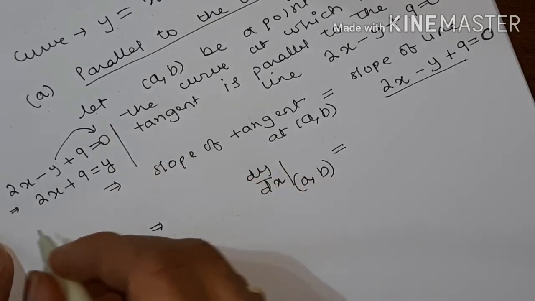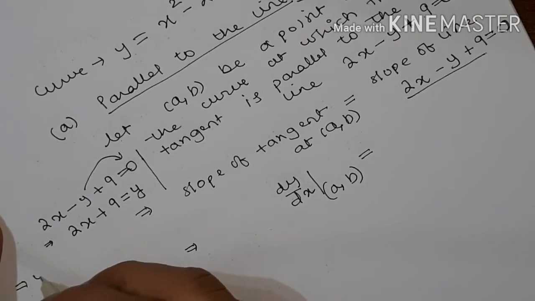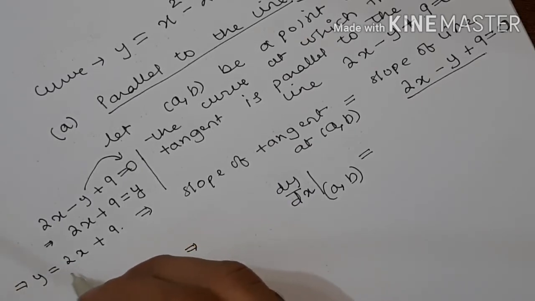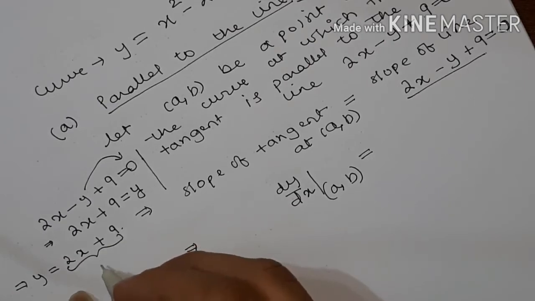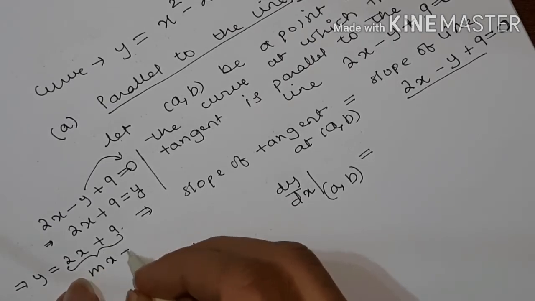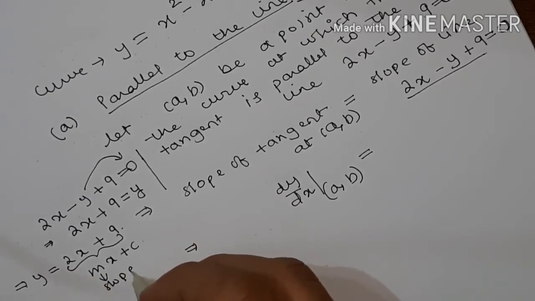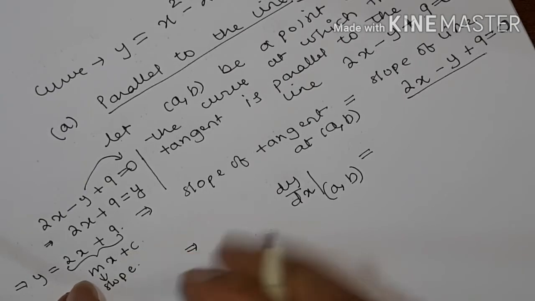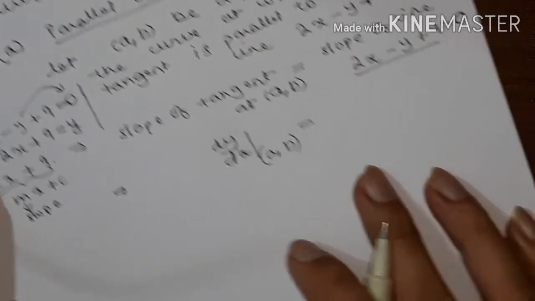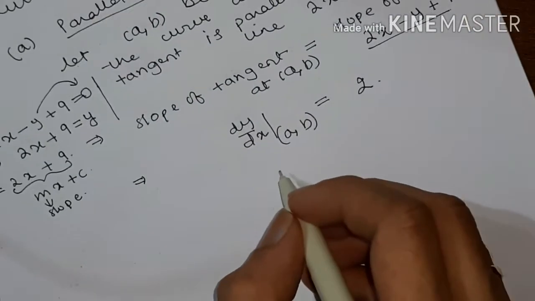So you will get y equal to 2x plus 9, and this equation is of which type? y equal to mx plus c, where m is the slope of the line. So m is what here? It is 2, so the slope of this line is 2.